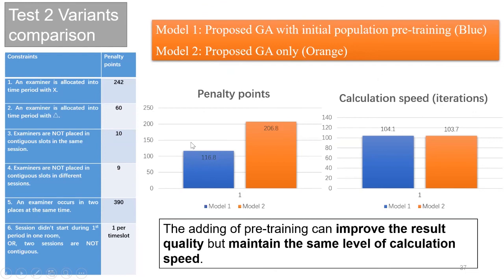If you look at this table, you can find that the idea of pre-training can reduce the penalty points. In other words, it improves the result quality a lot. And meanwhile, the calculation speed is maintained at the same level.